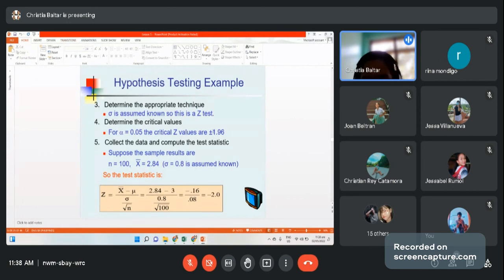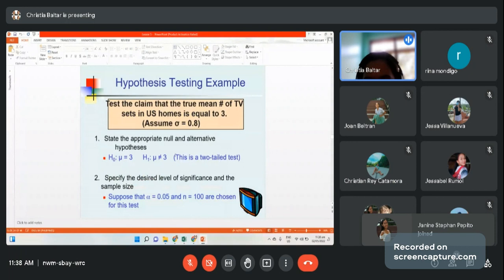Take note, this is 0.05, and the alternative is a two-tailed test.